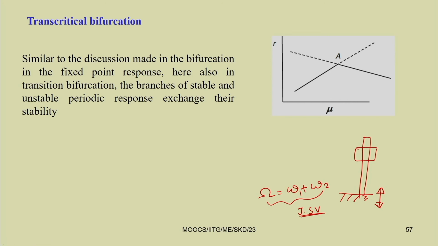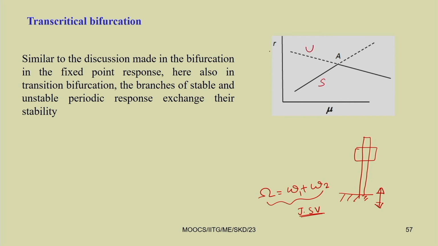Similarly, we have a transcritical bifurcation, similar to that in the case of a fixed point response. Here, if you plot R versus mu, initially we have a stable periodic and an unstable periodic response.